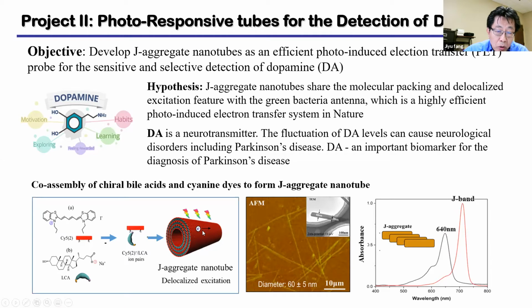Due to the strong intermolecular coupling, photo-induced electron transfer can quickly migrate through the tubules. You can see here from the absorption spectra, due to the strong intermolecular interactions or coupling in the tube, the absorption spectra intensify and shift to the right.